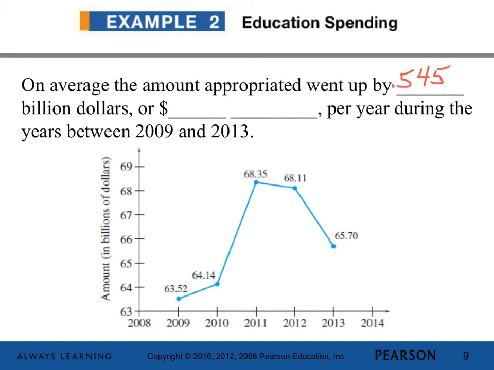And 0.545 billion is actually $545 million per year.